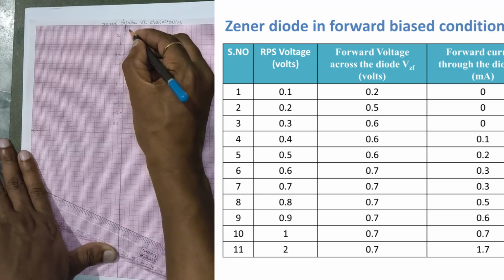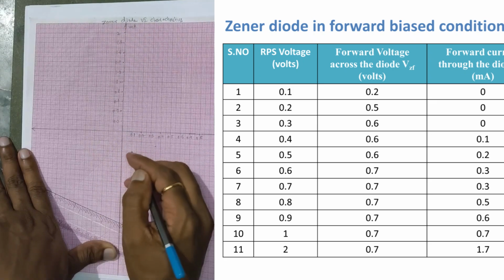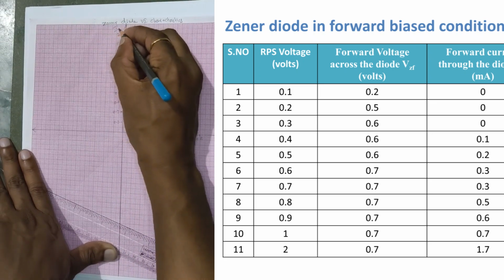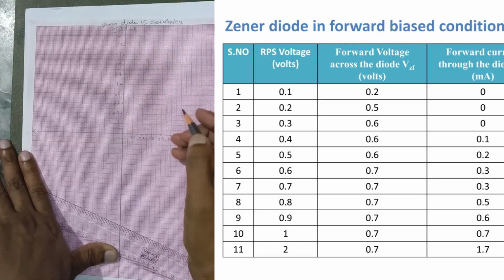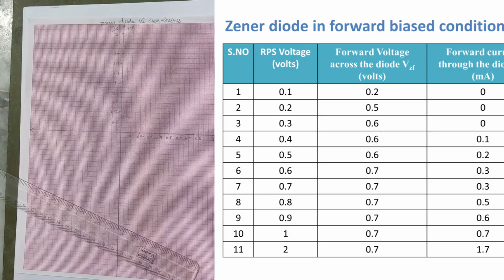Here current is in milliamperes. The Zener diode forward current is IZF, which is in milliamperes.